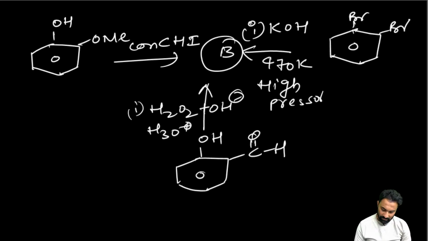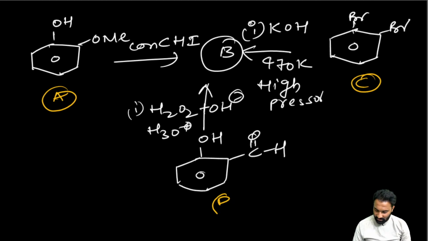So this A, let's suppose this is A, this is C, and this is D. And what is the B here? We can prepare that B from this reaction. And what is the B over there?